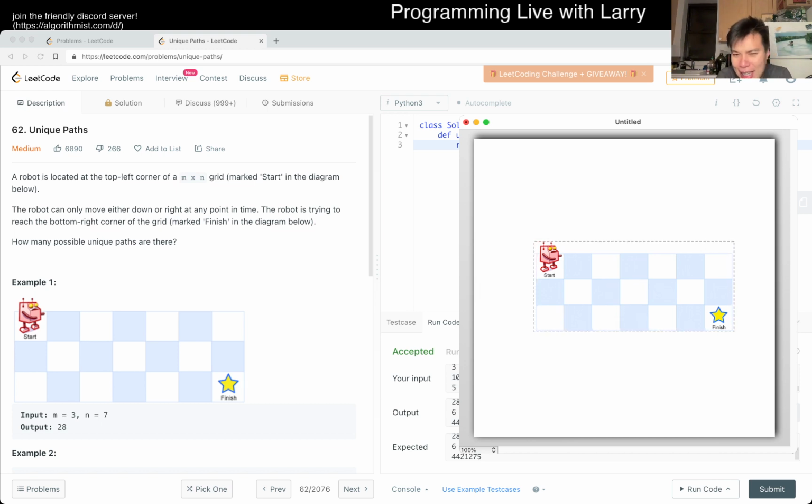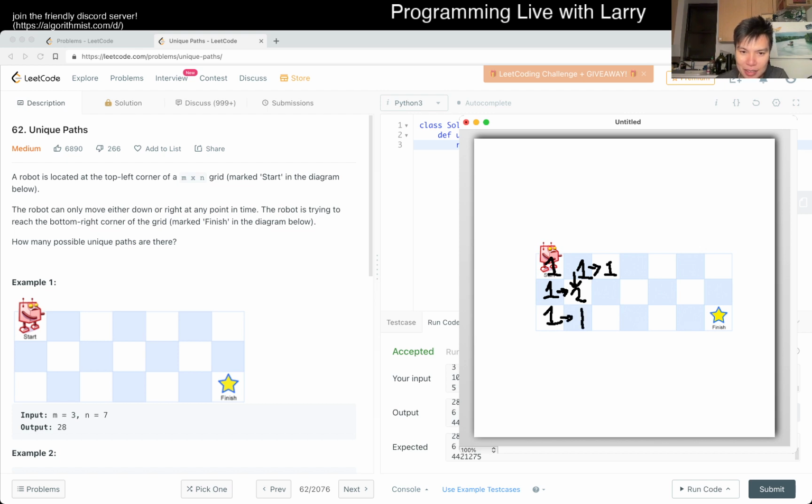There are a lot of names that this goes by, but basically the idea is that if you write it out at the beginning, there's one way to get here, there's one way to get here, one way to get here, and then two ways to get here, because there's one way to get from here, and then one way to get from here, right? Maybe I'll draw the arrows the other way, because there's one way to get here and one way to get here, right? And then this is one again.